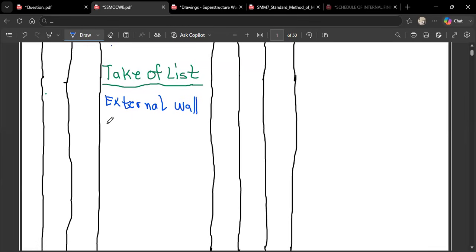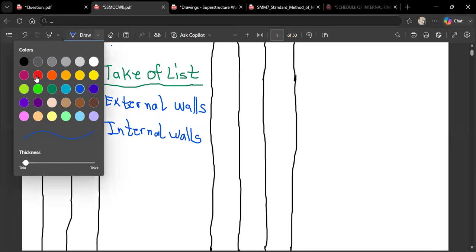You see, very good. So this is our internal walls. So our take-off is composed of one, external walls, and then the two is what?